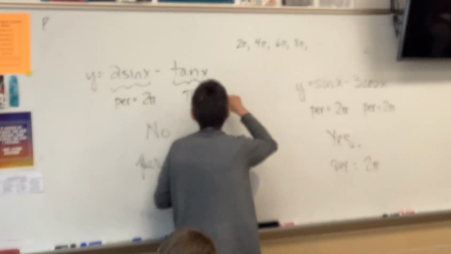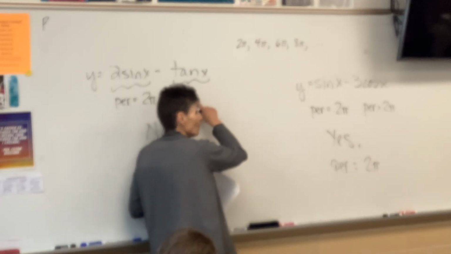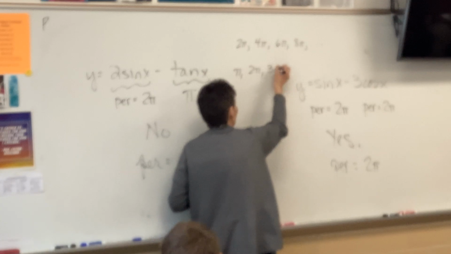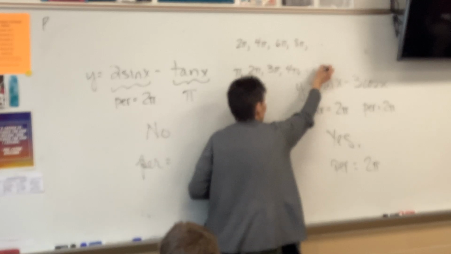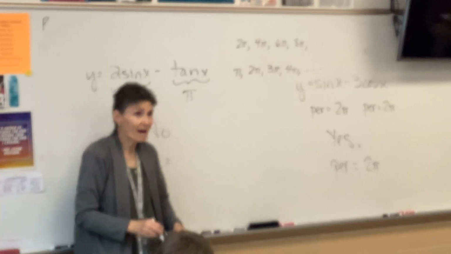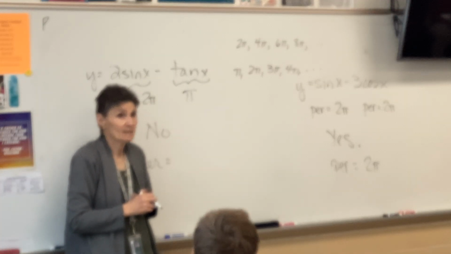Now what about this one? He repeats every pi. So pi, 2 pi, 3 pi, 4 pi, and so on. The first number they have in common is the period.